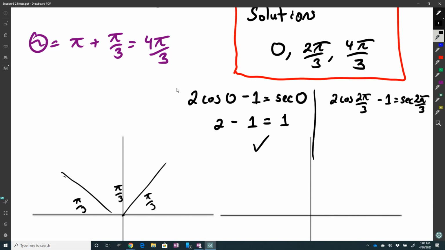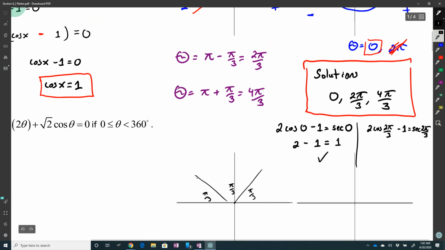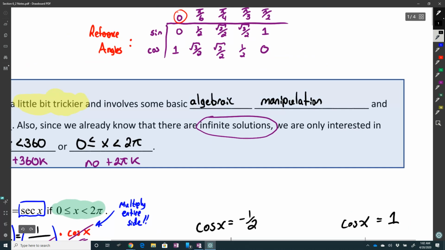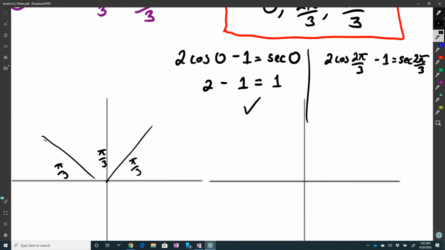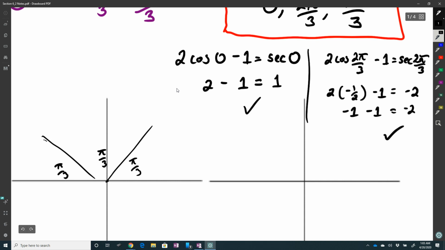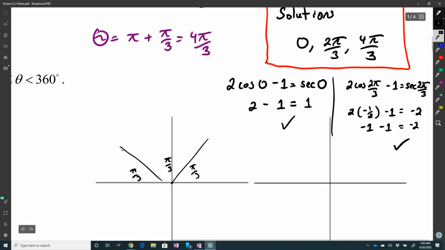So 2 pi over 3 puts cosine in the negative side, and cosine of pi over 3 is 1/2. So this becomes 2 times negative half minus 1 equals, and the secant is just going to be the flip version, so negative 2. And so this gives me negative 1 minus 1 equals negative 2. That checks out.